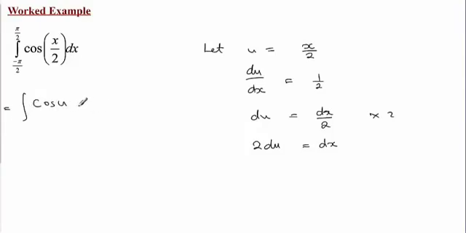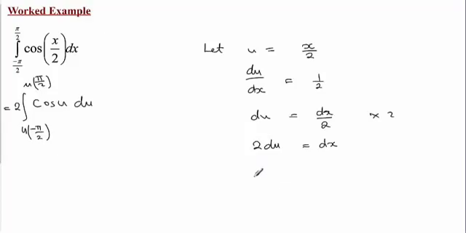So what we're going to have here now is to integrate this as cos of u. Let's write it cos of u times 2 du, write du, and write 2 outside the integral sign. So again here, the limits are going to be u evaluated at minus pi over 2 to u evaluated at pi over 2.